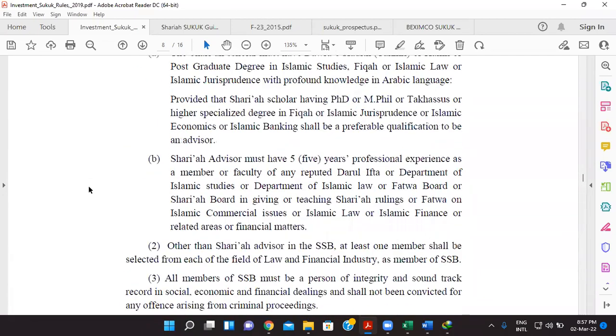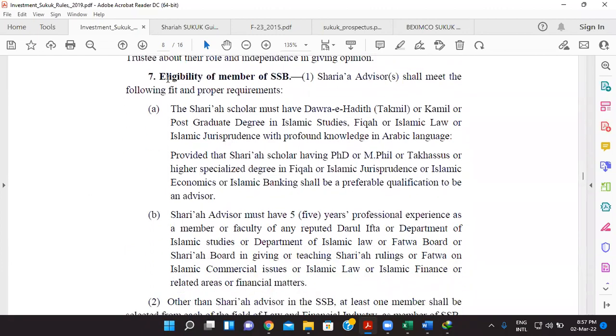Okay, number 7. What is about eligibility of members of the SSB? It is mostly similar to what we learned regarding the eligibility criteria to be appointed as a member of the Shari'ah Supervisory Board.